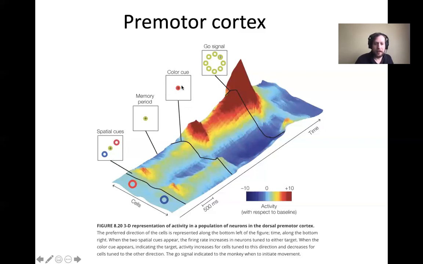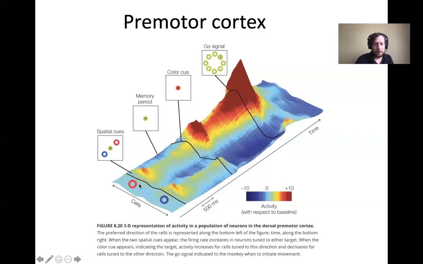This color cue tells you exactly which part of space the target is going to be in. If it's red, then you know it's going to be in the upper right-hand point of space. If it was blue, then it would be in the lower left-hand point of space.